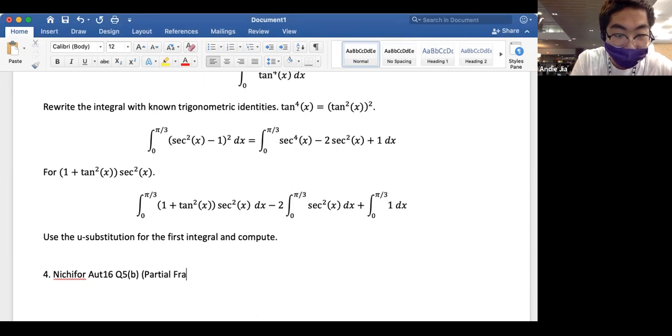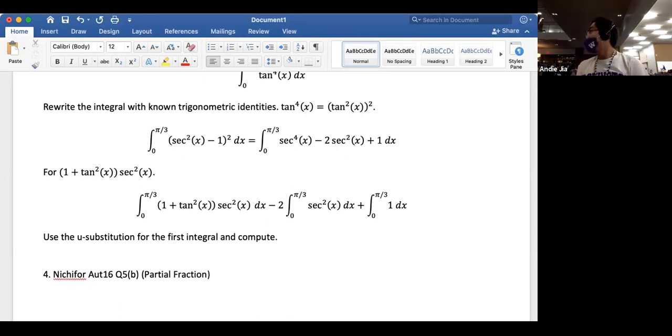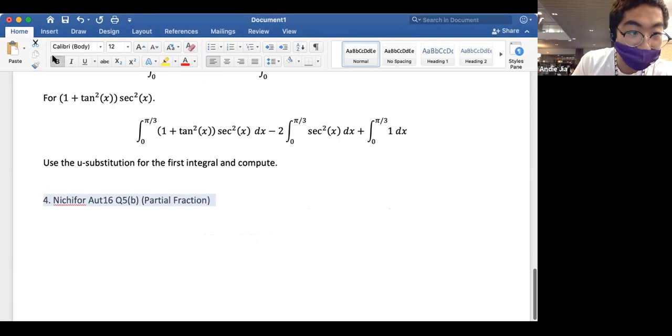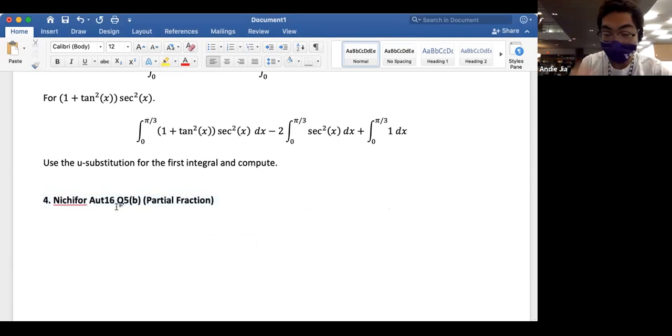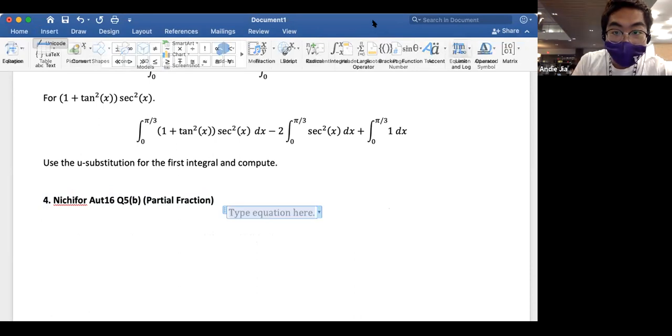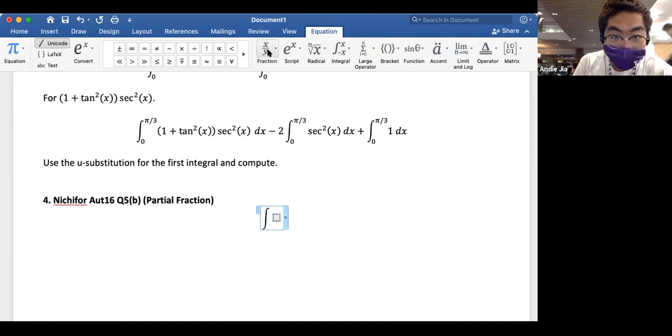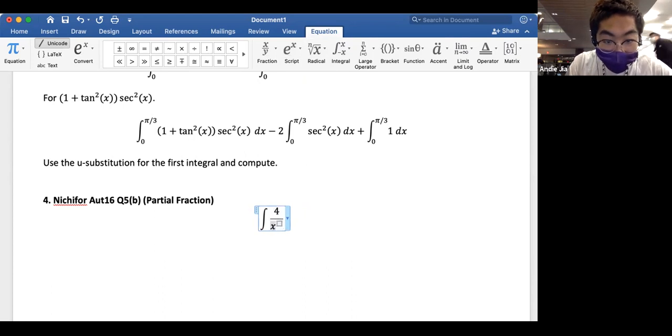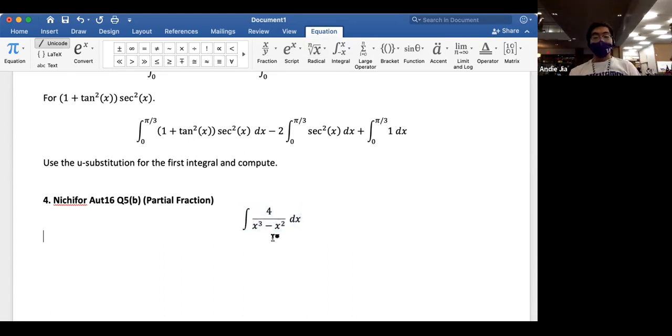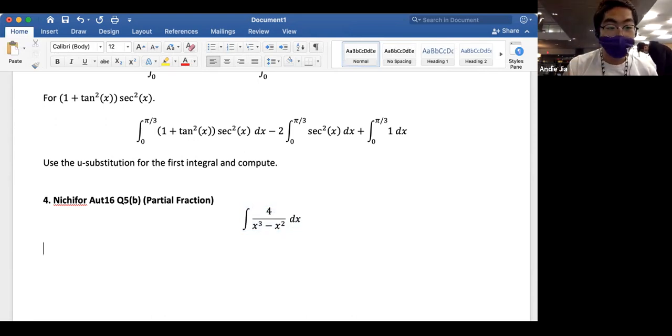Let's say we're doing partial fractions here. The integral is this. In this case, you can plug in 0 here as well, and then you plug in 1/2. For this one, factor x squared out of the bottom, then write the partial fraction decomposition.